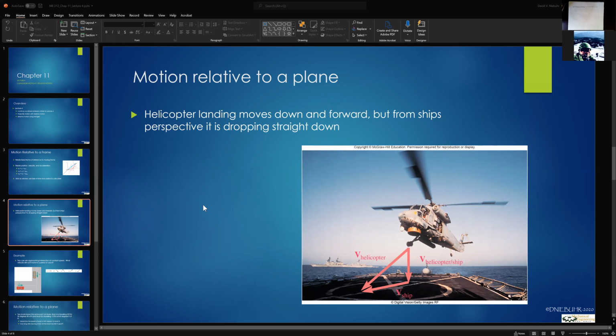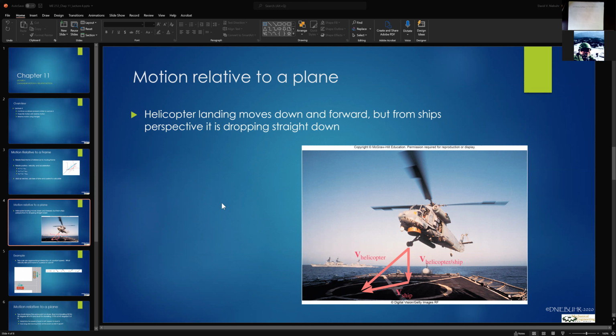So when we think of relative motion, we think of it as a situation where the boat, in this case, I like this example because it lets you see what the perspective would be if you were on the helicopter.